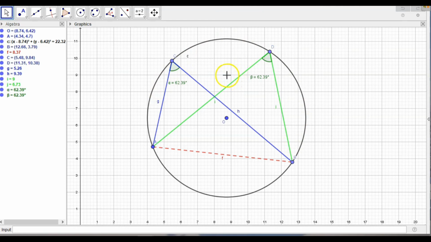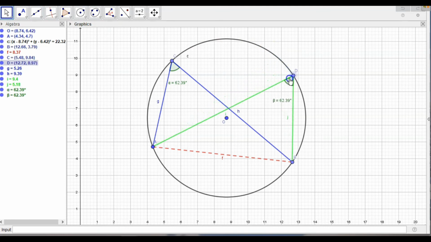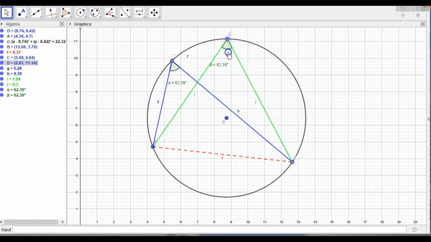Now, let's verify something. What if they did not subtend or they did not meet at the circumference of the circle? What then would that angle be? But before we do that, let's assume that I shift the point D from its current location, and let's verify the angle beta. Do you observe that it changes or not? Now, when you look at it carefully, you realize that the angle beta remains unchanged.